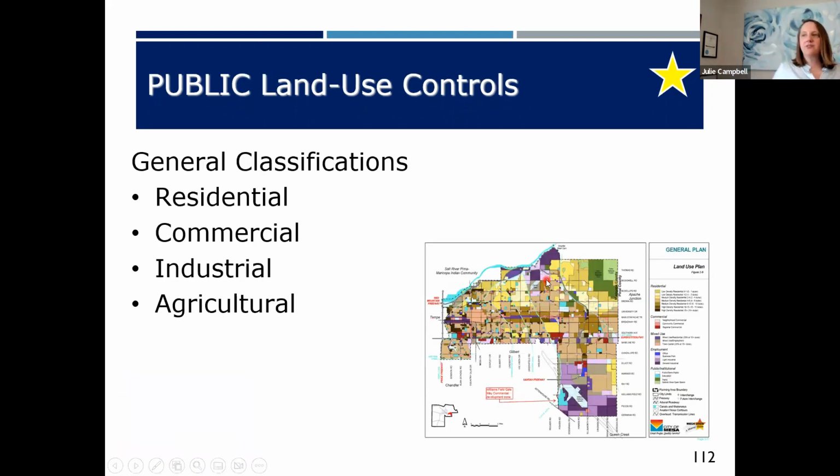So with zoning, we have some general classifications. All of these classifications can be further divided into subclassifications. In the broad picture, we have areas zoned for residential, commercial, industrial, and agricultural.